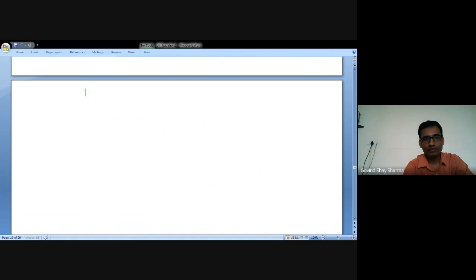When 1 plus P plus Q is equal to 0, then the solution is e to the power x. We can also write this as m square plus pm plus q. We check this term.